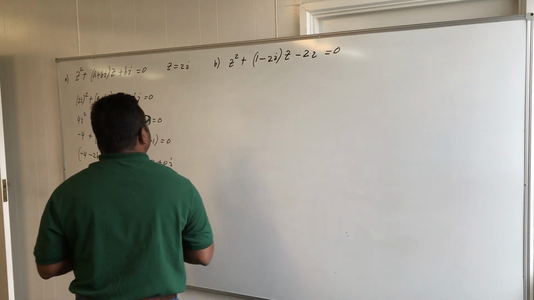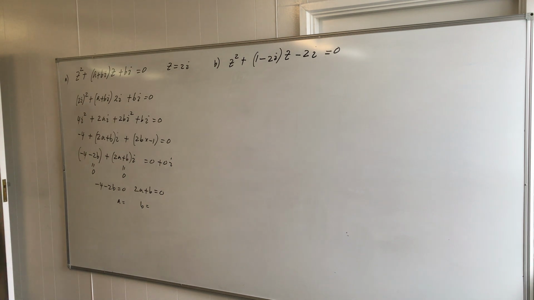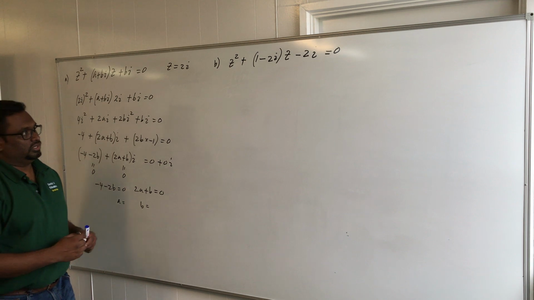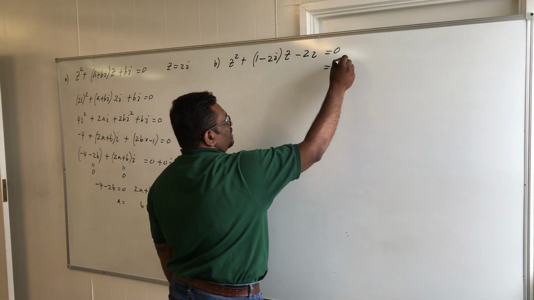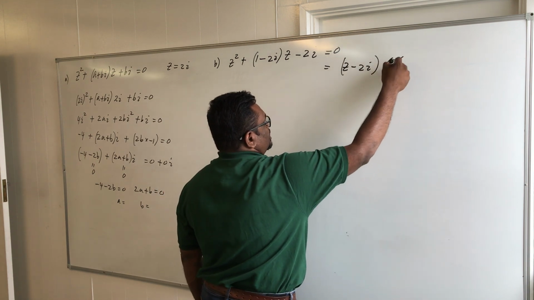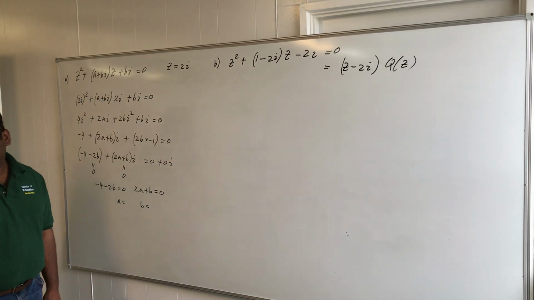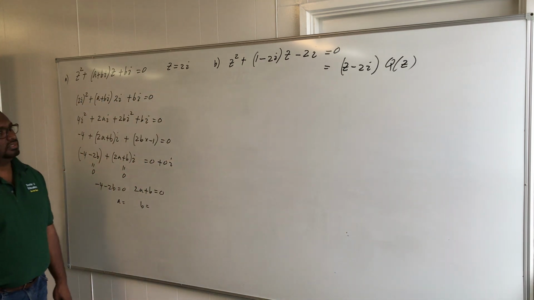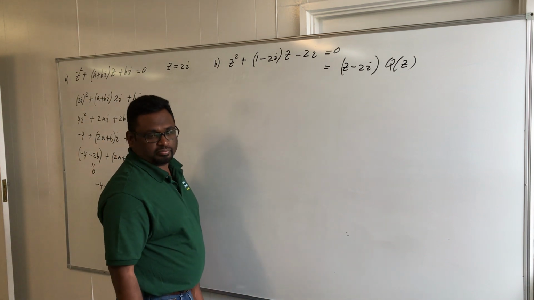So this is what you have, right? Yeah. So you need to find the other solutions. You can write this one as z minus 2y, and the other one is q of z. Polynomials, right? So long division, yeah?